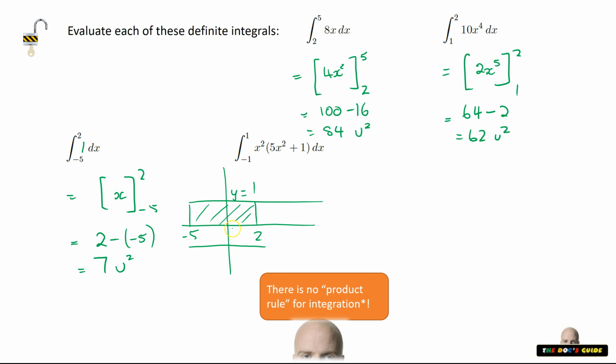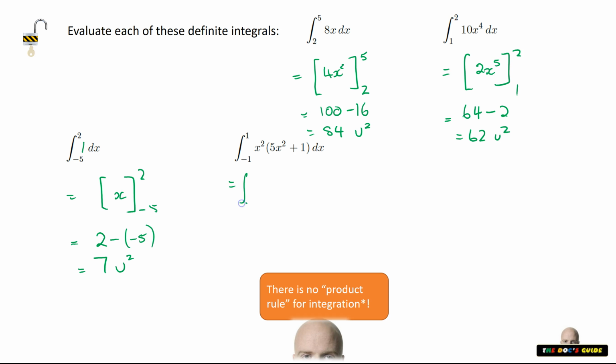So we then have something like this next one. I'll just rub this out to give us a bit of space. For our next definite integral, we can see that we've got a product, but there is no product rule for integration. The little asterisk means that actually there is a sort of product rule, but it's in Extension 2 maths. We don't have to worry about it. So what do we do if there's no product rule? We change it from being a product to start with.